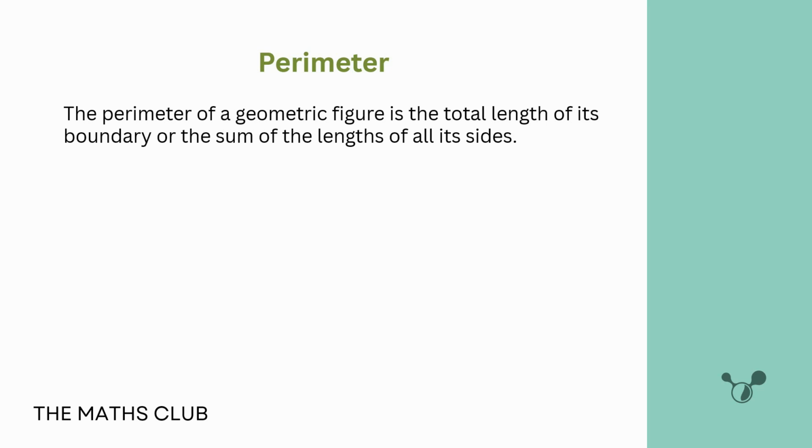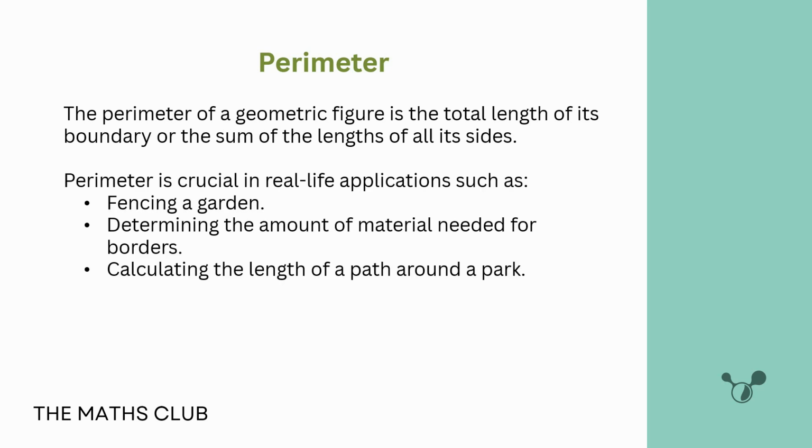That leads us to the next bit of this video, which is talking about perimeter. Perimeter of a geometric figure is the total length of its boundary or the sum of lengths of all its sides. So if I find the length of all the boundary and I add all of them together, that gives me the perimeter. Perimeter is crucial in real life application.